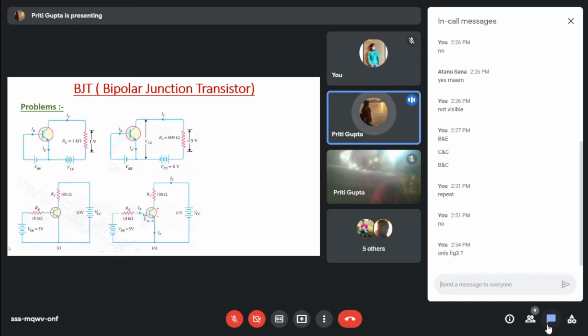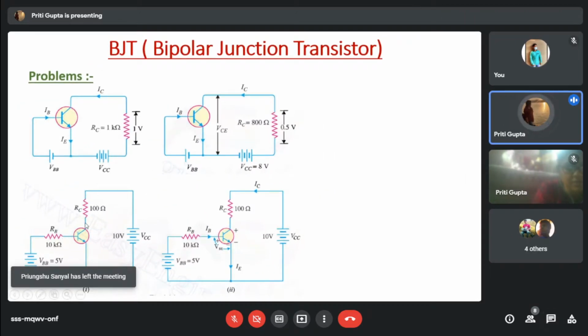In this figure, this is the collector terminal, this is the base terminal, and we have to find the voltage from C to B. This is the emitter terminal, but we don't need to calculate CE. At first, try to understand what we have to calculate: the voltage among these two, C to B, VCB.